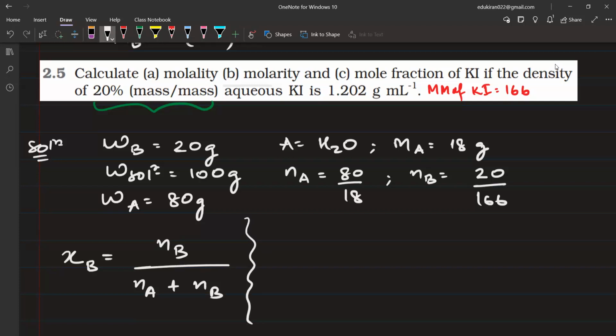Once you are able to, tell me. So mass of the solvent will be 80 grams, right? Mass of the solvent will be 80 grams. In the mole fraction, 80 by 18, we wrote that correctly. Given mass by molar mass, Iram.